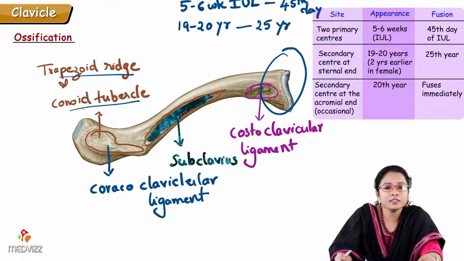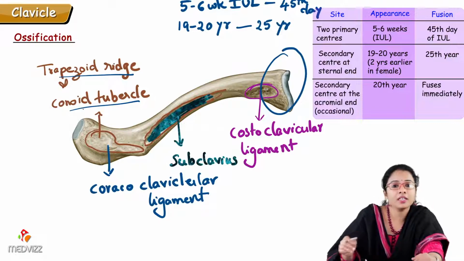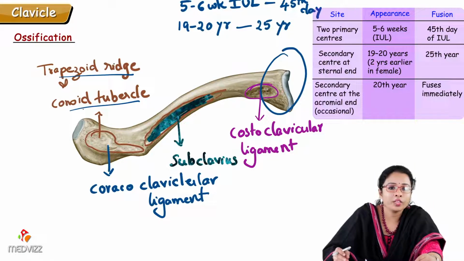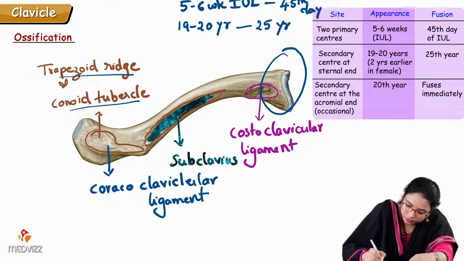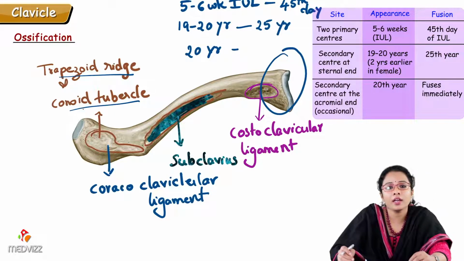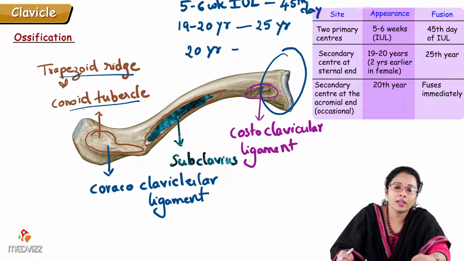The secondary center for the acromial end, that is the lateral end, appears occasionally. It is not always present. If it is present, it appears during the 20th year, and it fuses immediately as soon as it appears. So this is about the ossification of the clavicle.